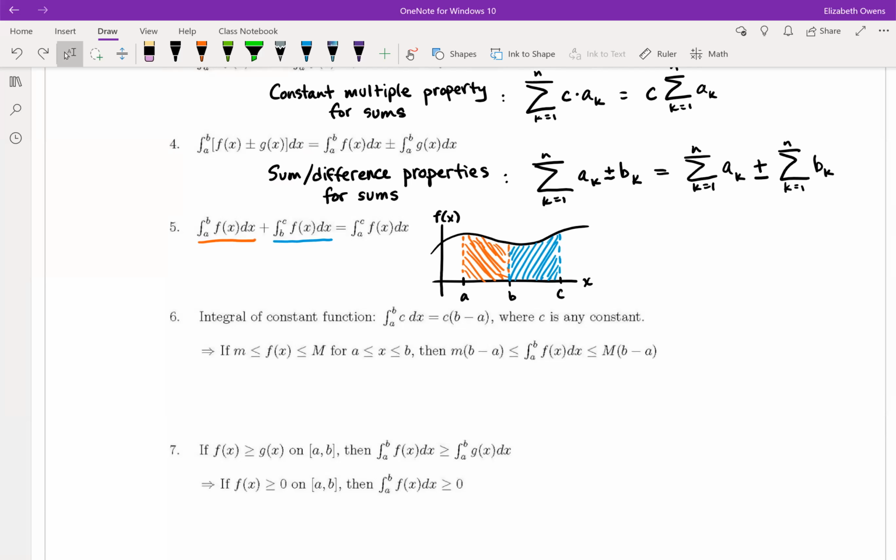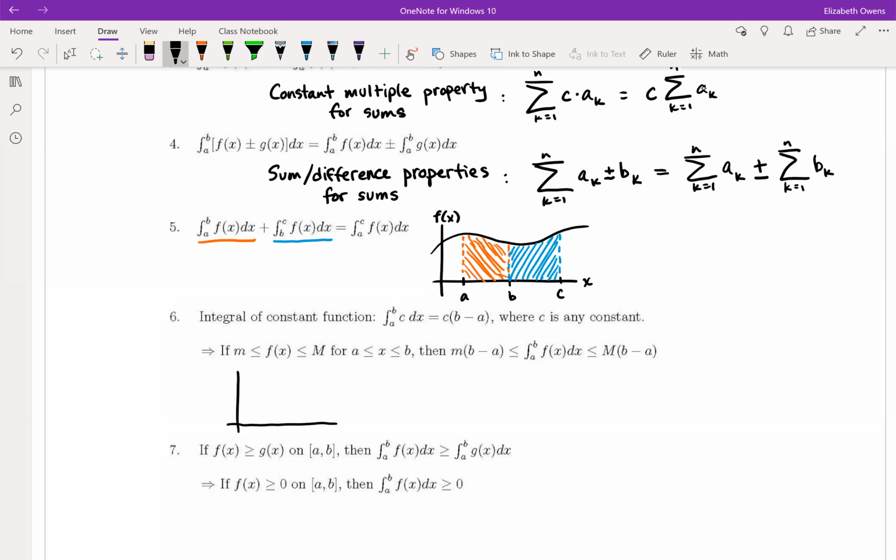Now, property number 6, the integral of a constant function. This says if you're integrating the constant function c from a to b, it's just going to be c times b minus a. And why that is, we can see again from a picture.